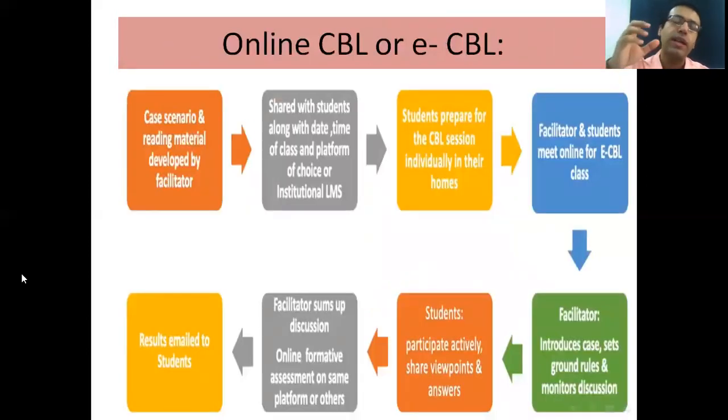First of all, a case scenario and reading material are developed by facilitators, then shared with the students along with the date, time of class and platform of choice or institutional learning management system. They will be sent to the students through email, through the learning management system, and so on.